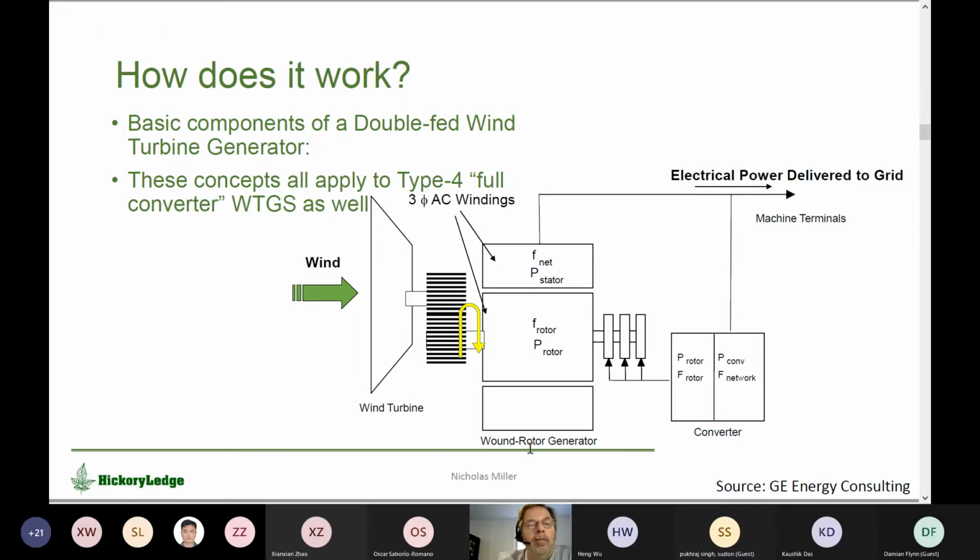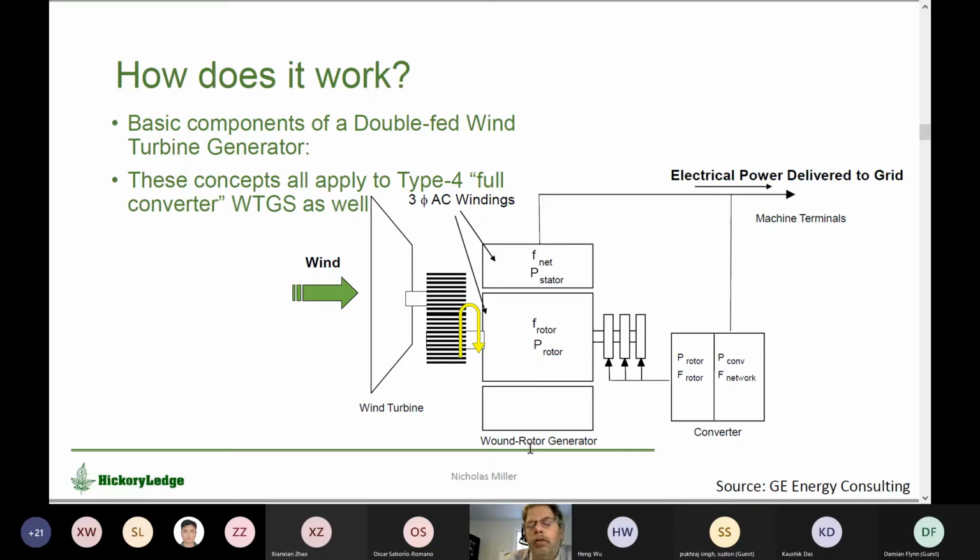In a Type 4 full converter wind turbine, the difference is farther out, and the difference between the speed of the rotor and the grid is accomplished downstream by a converter through which all the power runs. For today's discussion, we don't care.